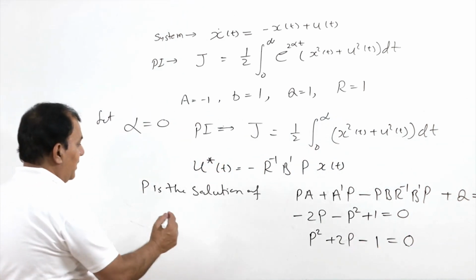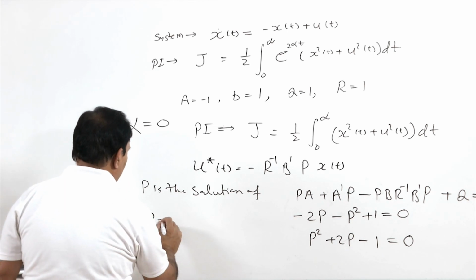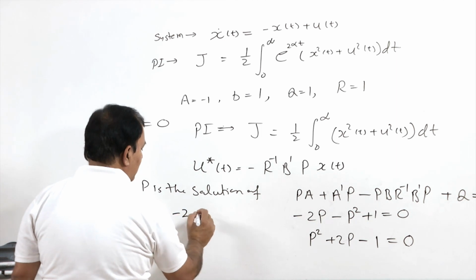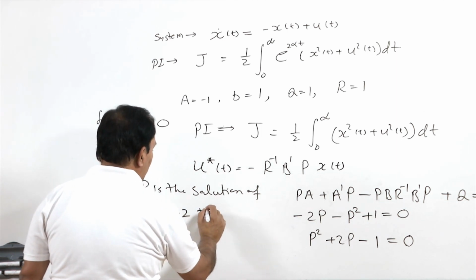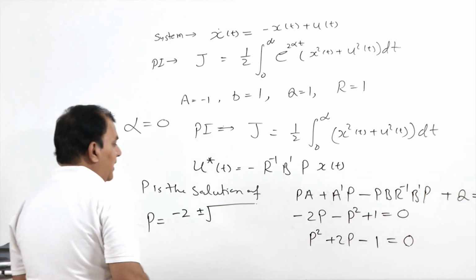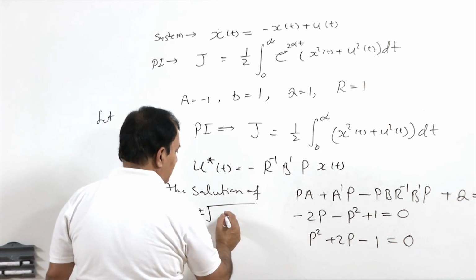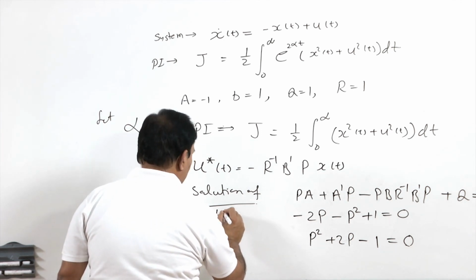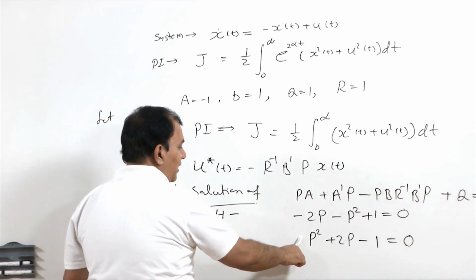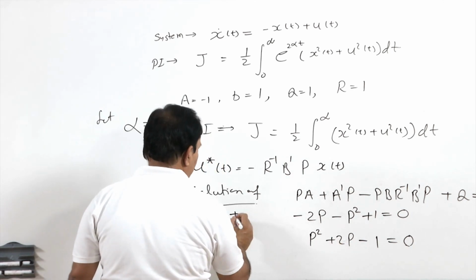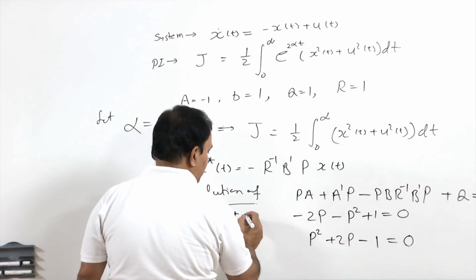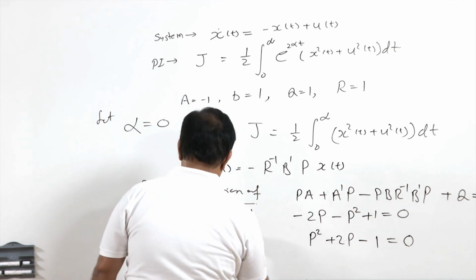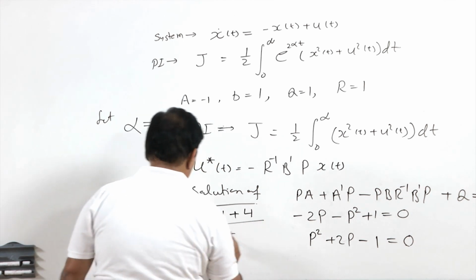and for this my P will be minus 2 plus minus square root of B square minus 4 A C by 2.